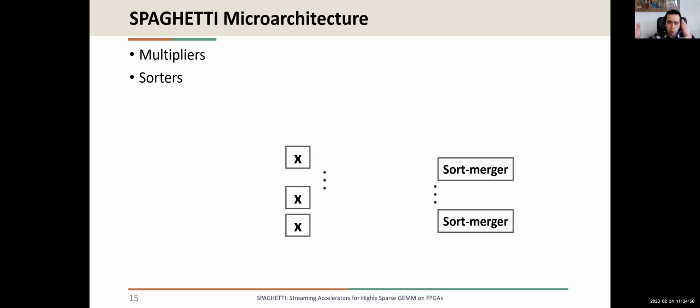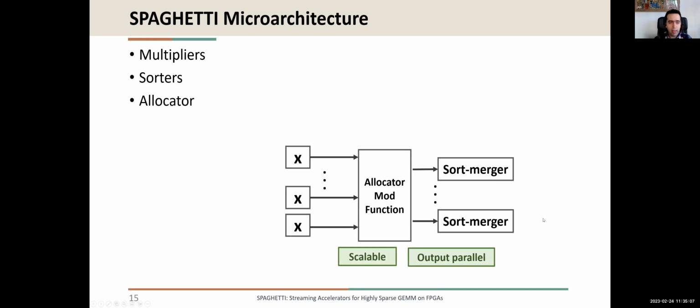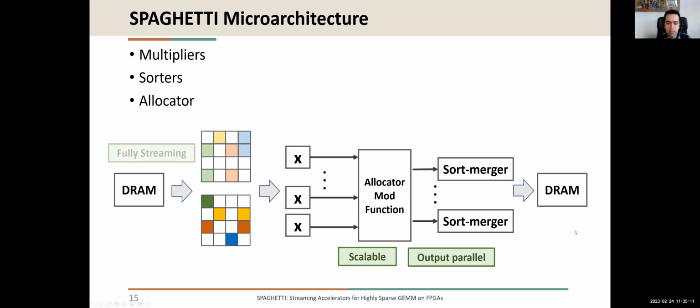And we have a bunch of sort merger components. I'll talk about the architecture of the sort mergers in a minute. And then we put an allocator in between, and the allocator is a modulo-based allocator. Then we can stream the input values into the multipliers from DRAM, and the output goes back to DRAM again in a fully streaming fashion.